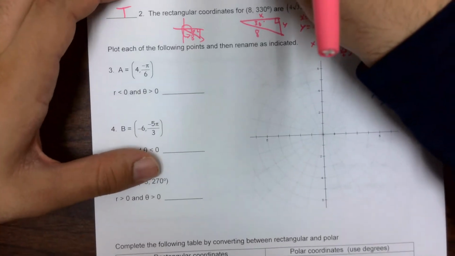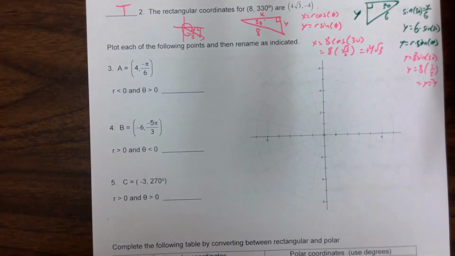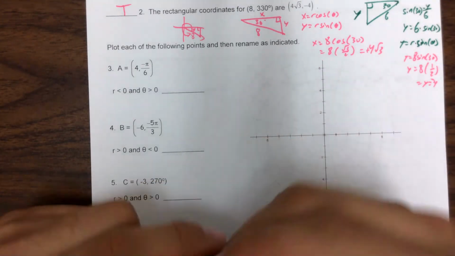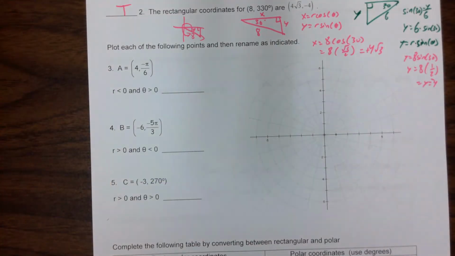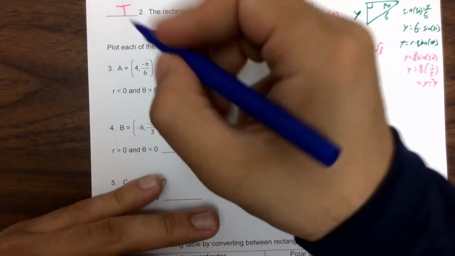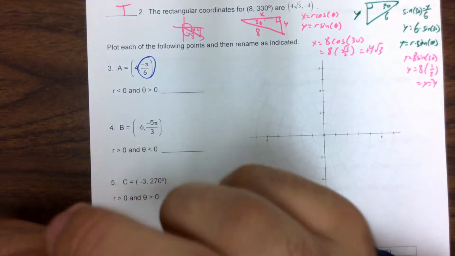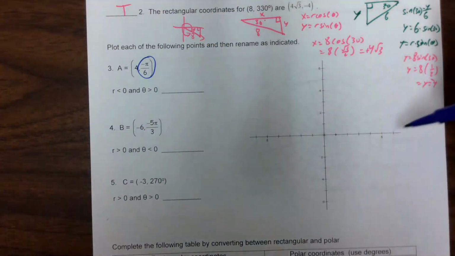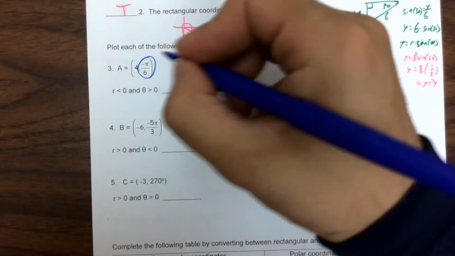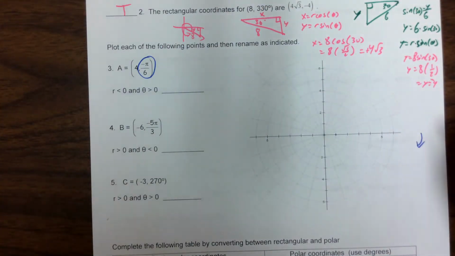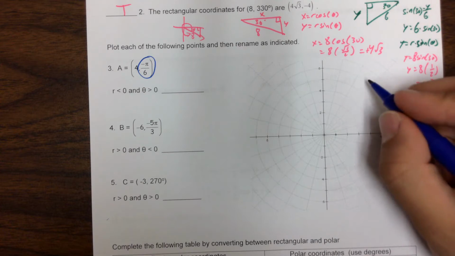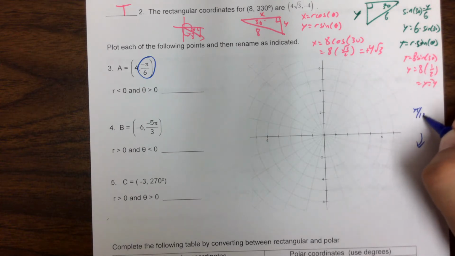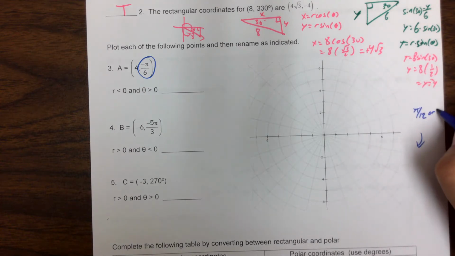Now, time to actually plot some points and go from there. I always suggest to start with the angle and then plot out the radius. So, negative π/6, that means I'm going to be going down. If my angle's negative, I go down. And remember, each line on here is π/12 or 15 degrees.